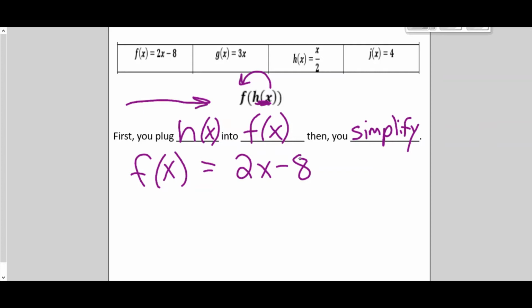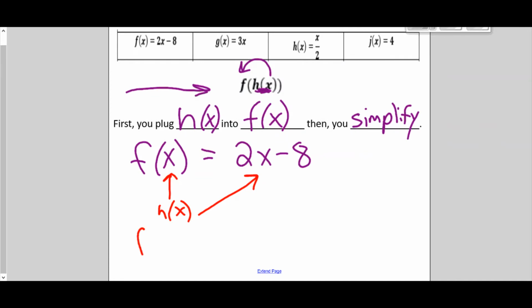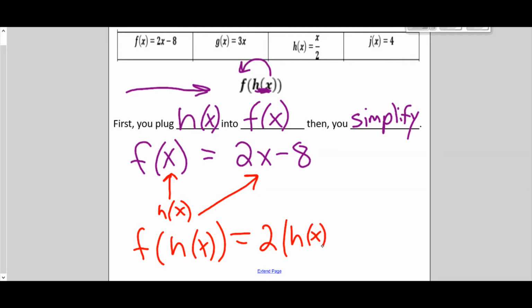I'm first going to plug h of x into f of x. Instead of having an x, I'm going to have h of x, substituting it in everywhere that I see an x. There are 2 x's: the one in f of x, so this is f of h of x, and the one on the other side with the 2, so 2 times h of x minus 8.